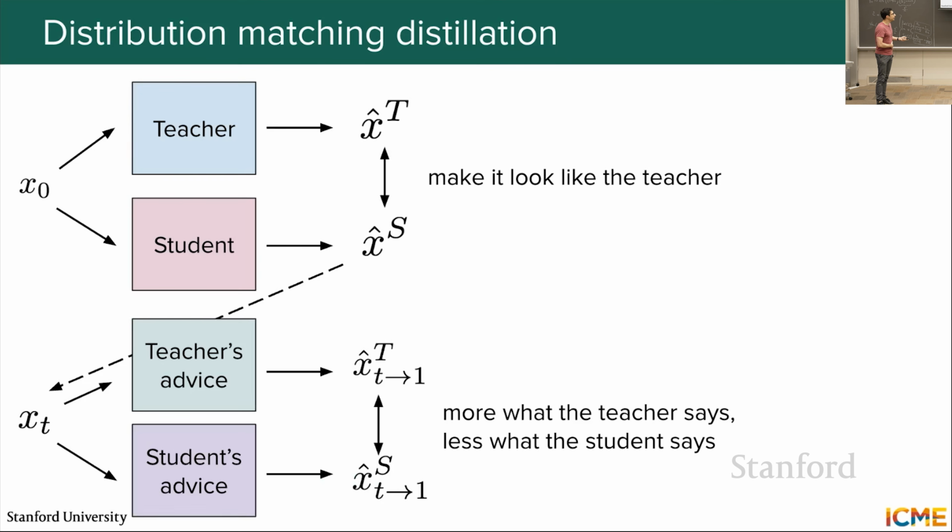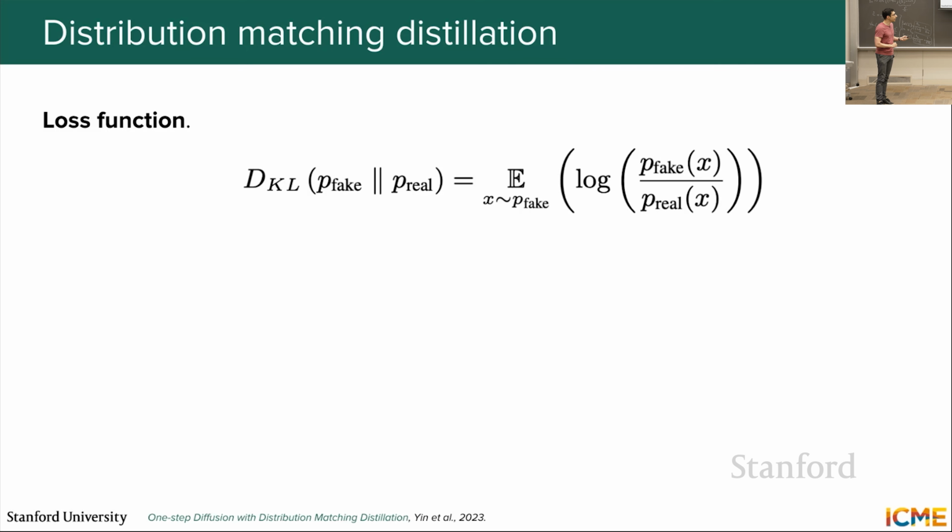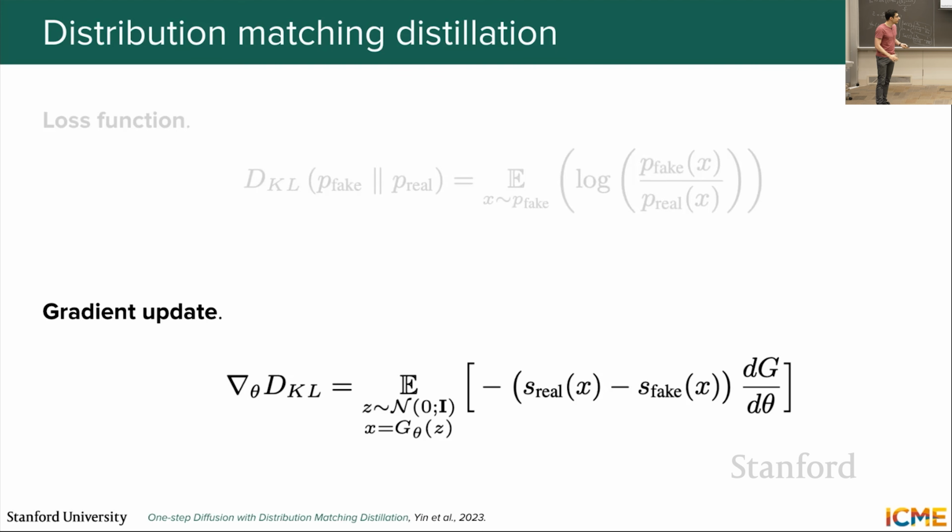So looking at this distribution loss, what you're doing in practice is the KL divergence between the distribution of the fake image with respect to the real image, based on a fake input. And when you take the gradient of it with respect to the parameters of the student model, you get this nice interpretation of a difference of scores that you could see as a difference of velocities in the field of flow matching.